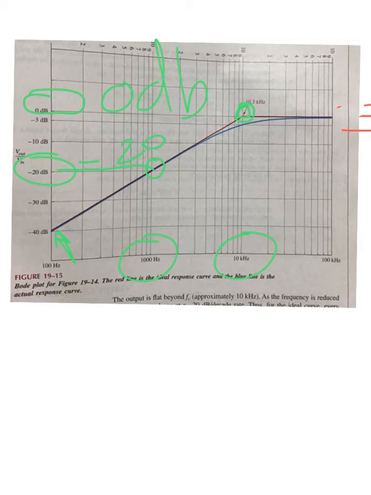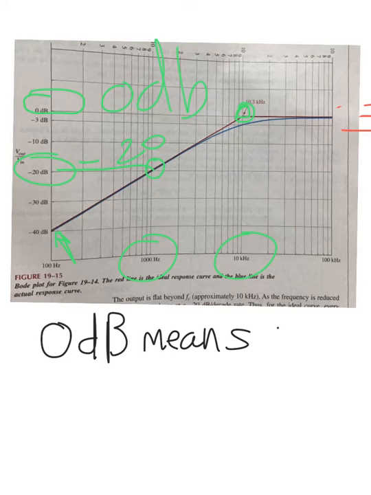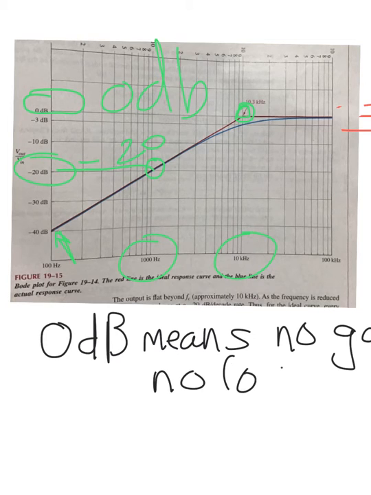You might have forgotten what 0 dB is. 0 dB means no gain and no loss. It means when I put 10 volts in, peak to peak, I get 10 volts out, peak to peak.